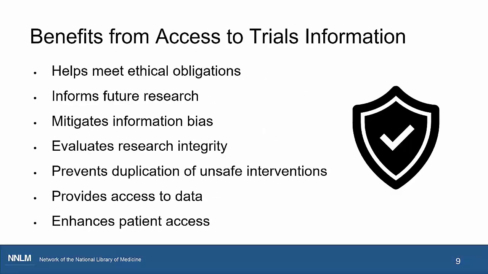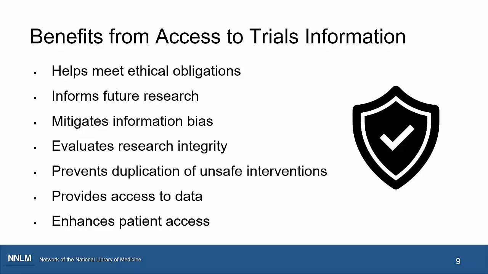So there are many benefits from having access to clinical trials information. It helps researchers meet ethical obligations to human subjects and informs future research and research funding decisions. It mitigates information bias, like the non-publication of results data, evaluates research integrity, like adherence to protocol, and prevents trial duplication of unsafe or ineffective interventions.